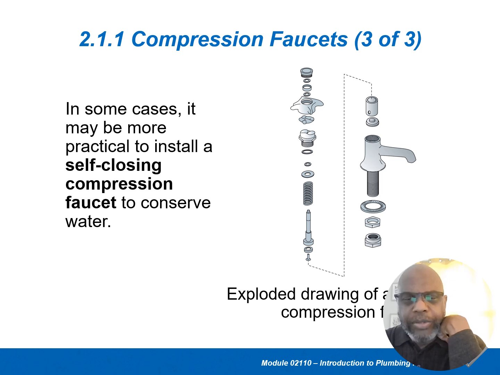If you follow the sequence, it starts this way, underneath a sink, underneath a bowl, and it goes in this direction. If you follow this line, these parts fit through here, and these parts fit through here. So that stem needs all these components on it to make it work. In some cases, it may be more practical to install a self-closing compression faucet to conserve water.